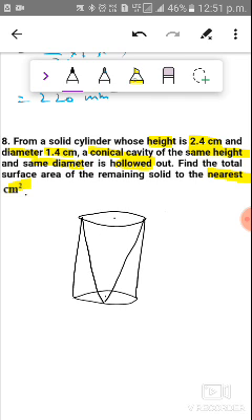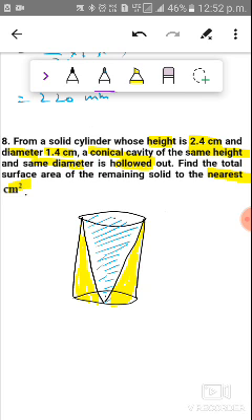Now we observe that only this outer portion is remaining, and from inside it is hollowed, right? As a conical cavity it is hollowed, meaning this portion is hollowed. Hopefully you can imagine what I am trying to say, right? So we need to find the total surface area of this remaining solid, okay.